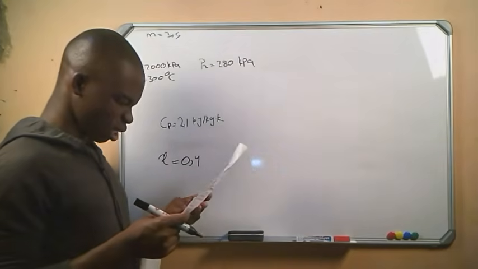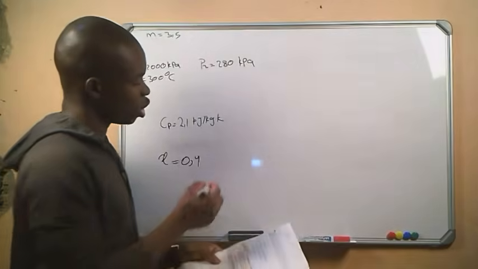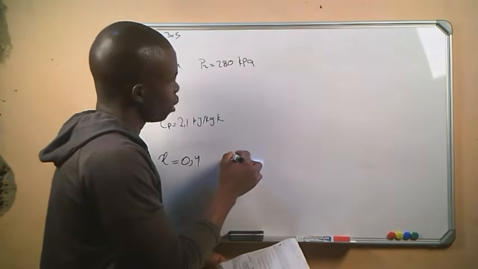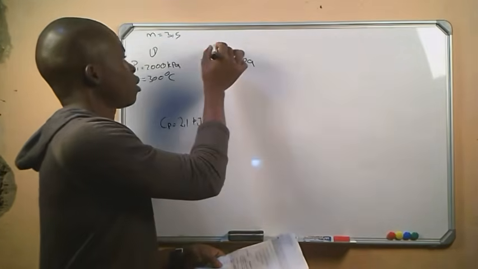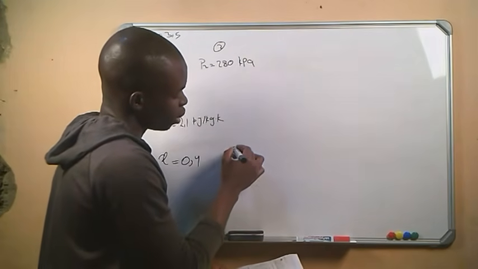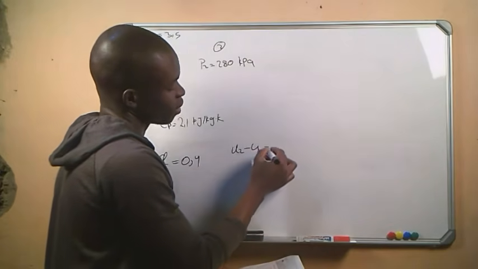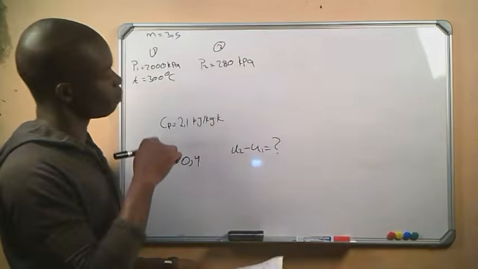And then they say calculate the total change of internal energy. Now we know that if this is 1, this is 2, they require us to calculate U2 minus U1. This is what they are looking for.